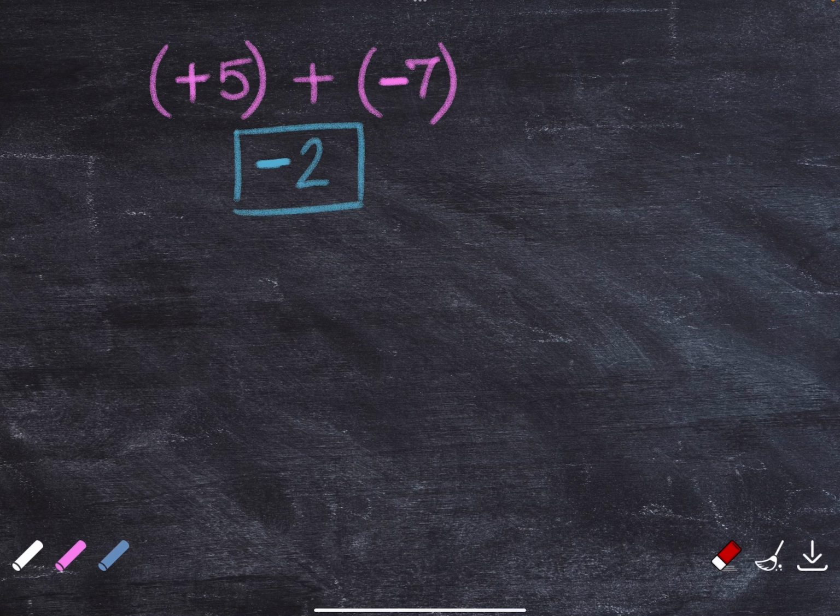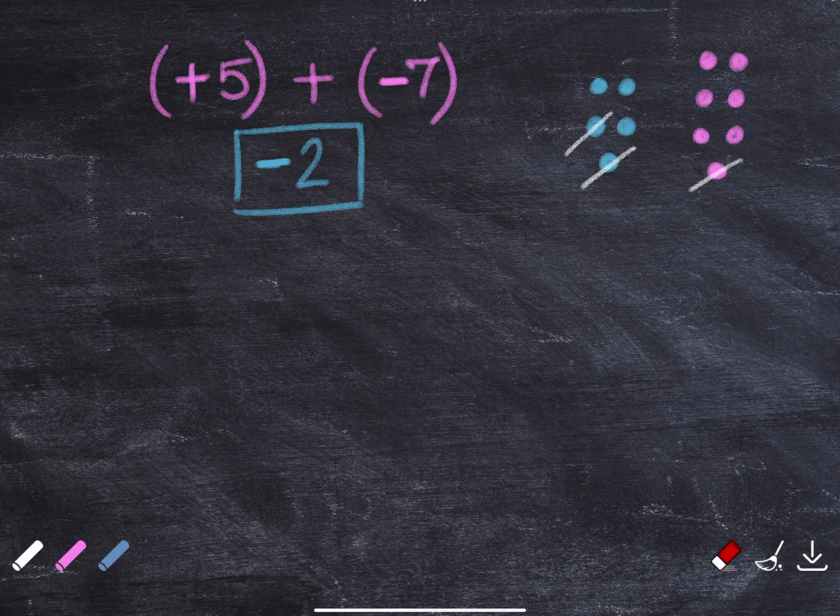Now let us understand the logic behind why we get that answer. I have 7 red counters. I'm going to draw the 7 red counters here for you. And then I have 5, let us say blue counters, because it's +5. What happens basically is one positive and one negative will cancel each other's effect.